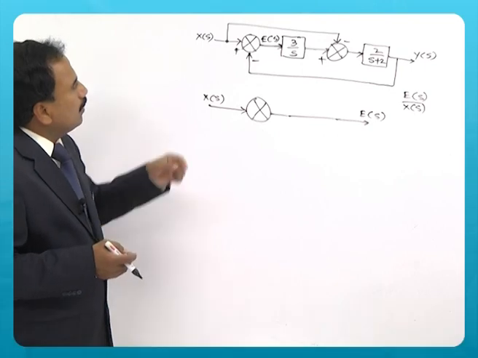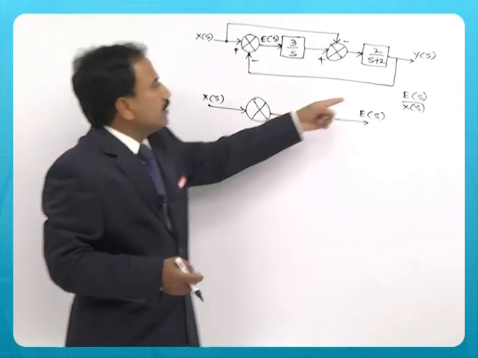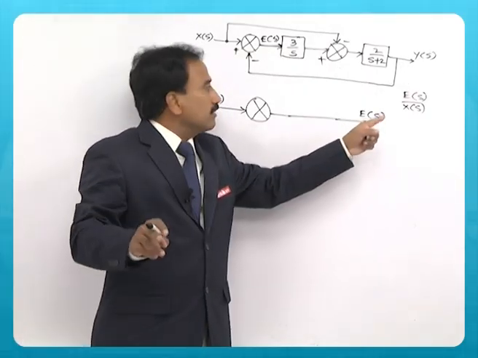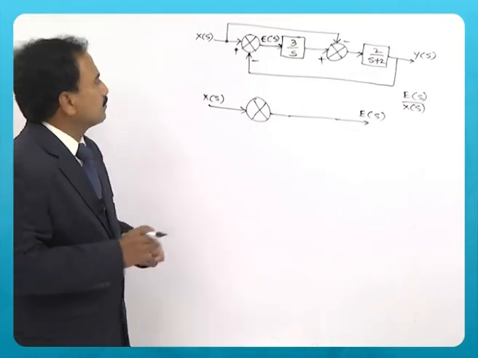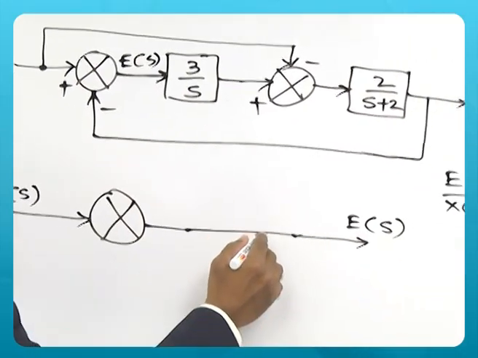So at that time, how do you redraw this block diagram, because y of s is not the output, now E of s is. You may get a question to find out the ratio of E of s by x of s. Now you can see that this entire thing will become a feedback.